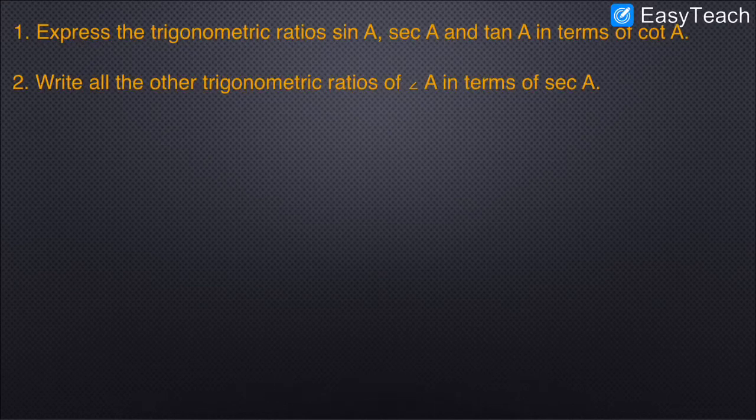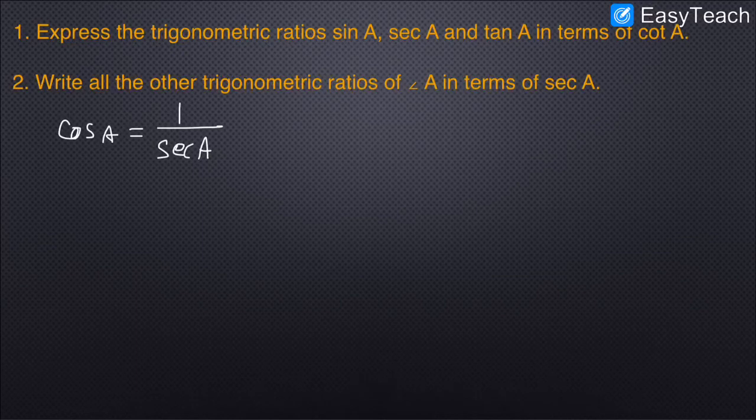What are all the other trigonometric ratios except secant A? Sin A, cos A, cosecant, tan, cot, everything we need to express in terms of secant A. First let's do cos A, because it is very easy: cos A is the reciprocal of secant A, right? So cos A equals 1 by secant A.